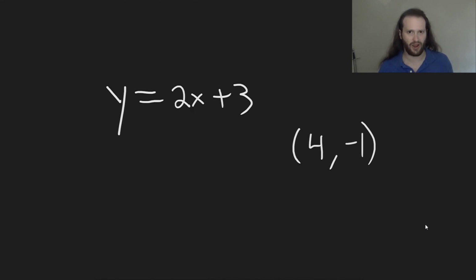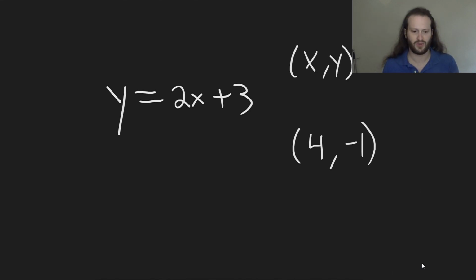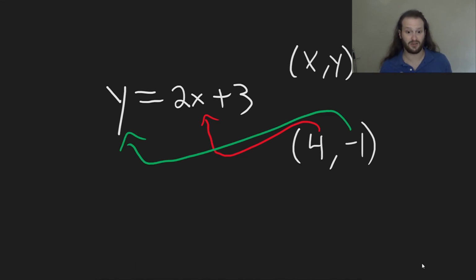Well, we could look at the graph and check it, but you can also do it algebraically. So it's always, always, always for coordinate points x, comma, y. So we plug in 4 for x. We will plug in -1 for y. We'll simplify, and if it's a true statement, then that point is on that line.